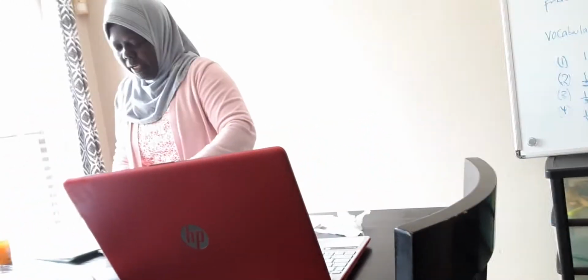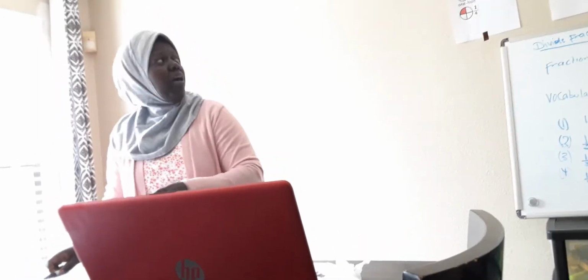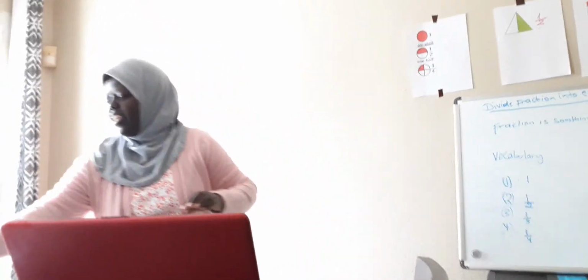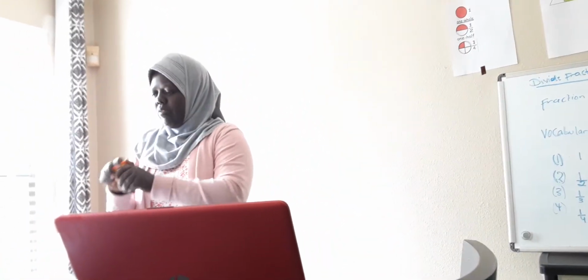Okay, so we talk about a whole. At this point, let me show you. This is your whole, right? One whole. This one whole, you are going to divide into parts.